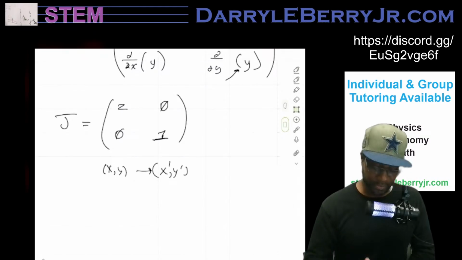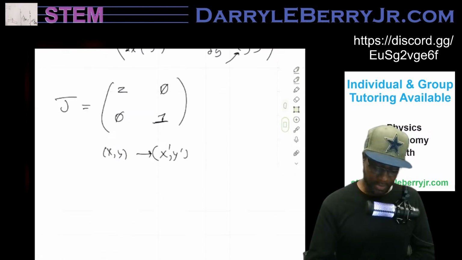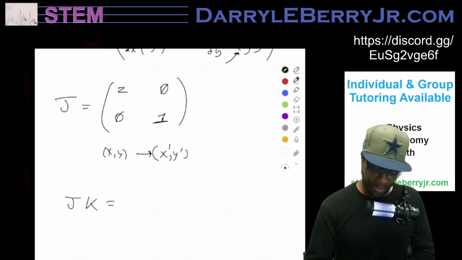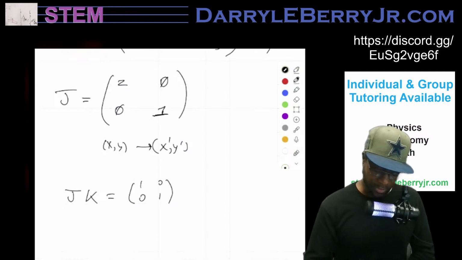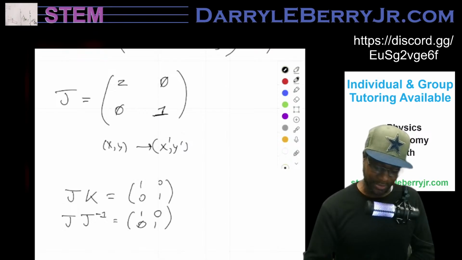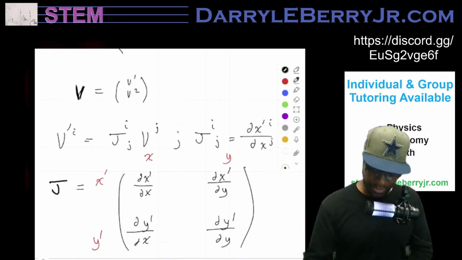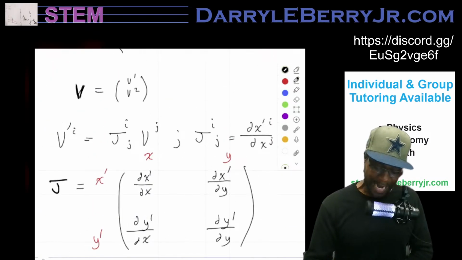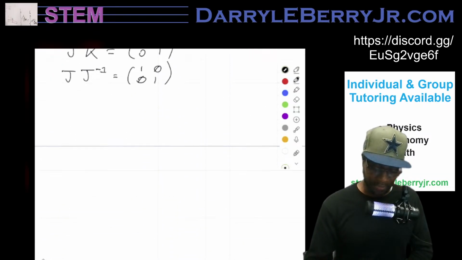It's basically the inverse of this matrix. And then we call the other matrix K, and J times K is going to be the identity matrix, which is to say that J times J inverse is going to be the identity matrix. So I'll leave that as an exercise if you'd like to do it. And do the same thing I just did here, but have the primes on the bottom, and you'll see that you get an inverse matrix.